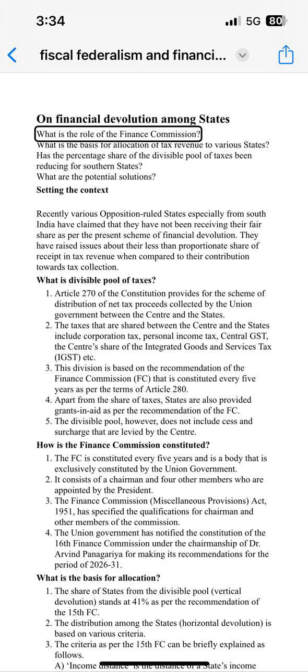One, we must increase the vertical devolution of net tax revenue given by the central government to the state governments, right? From 41% to 60%, at least it has to be increased to some 50%, right?